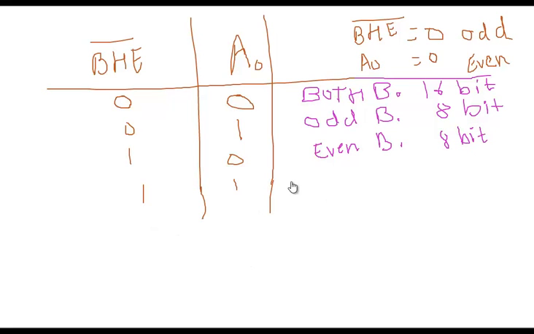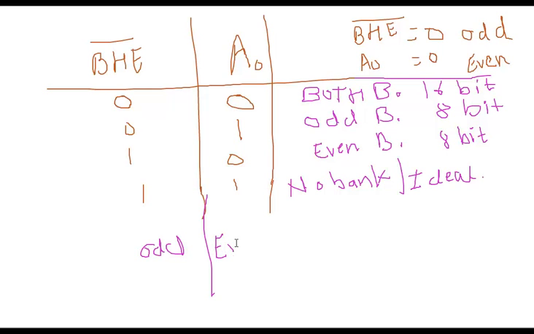When both are 1, no bank is selected, and we can call it idle. So in this way, selection of these two odd and even banks takes place. BHE bar is for the odd bank and A0 is for the even bank.